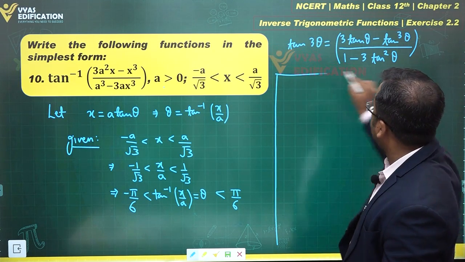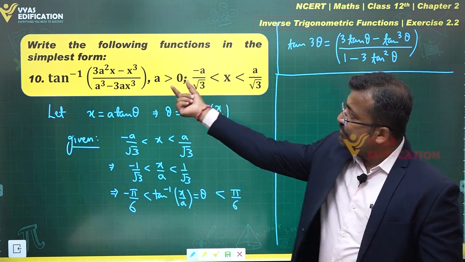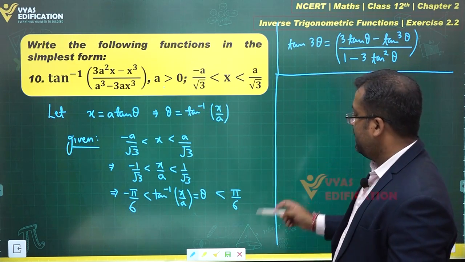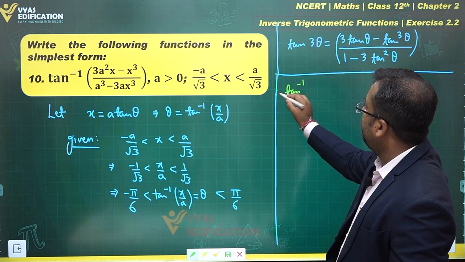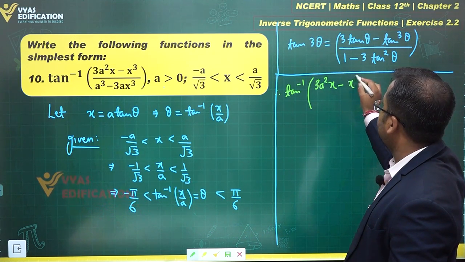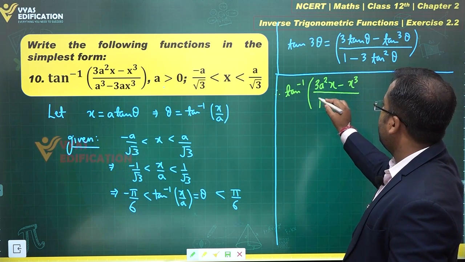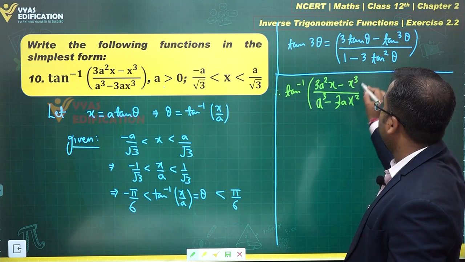Now I can focus on further solution. I can simplify that expression. Let's try to do that. Tan inverse of 3 a square x minus x power 3 over a power 3 minus 3a x square.